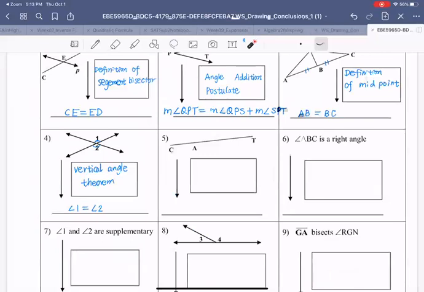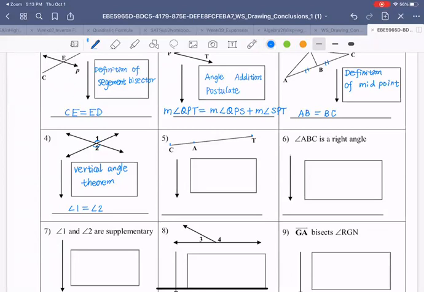All right. Now, number 5. Look at this. What's the conclusion you want to make? That's segment addition postulate, right?